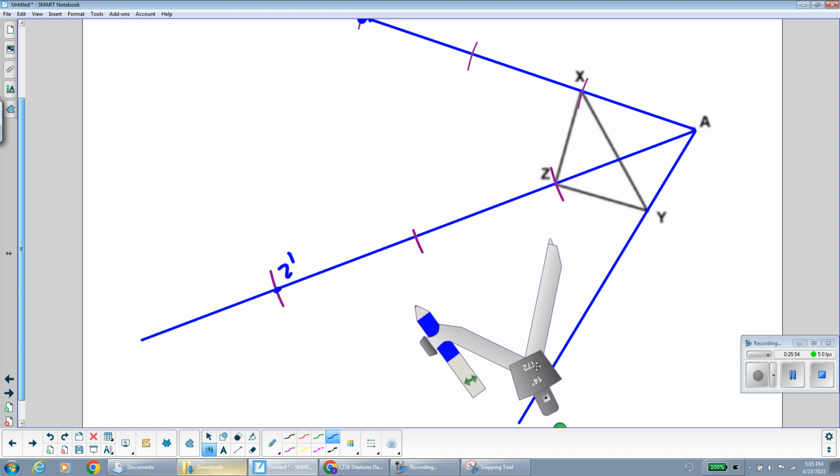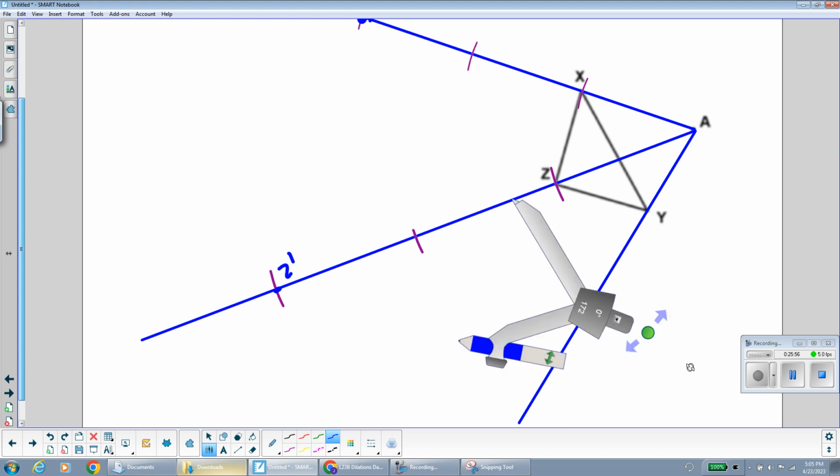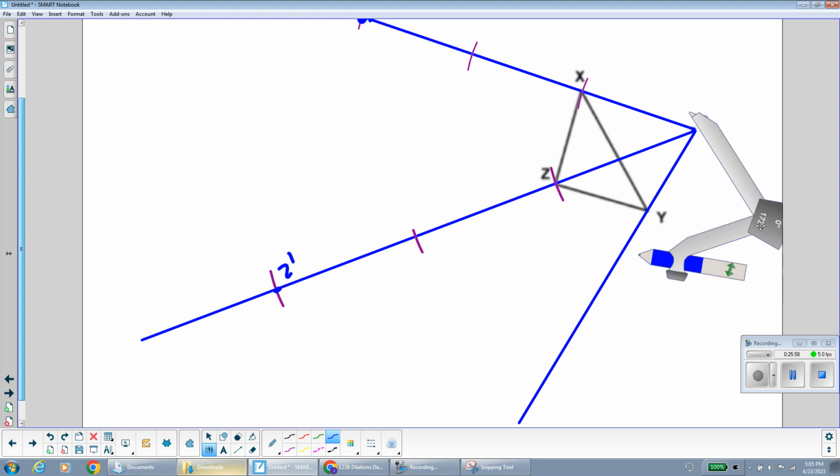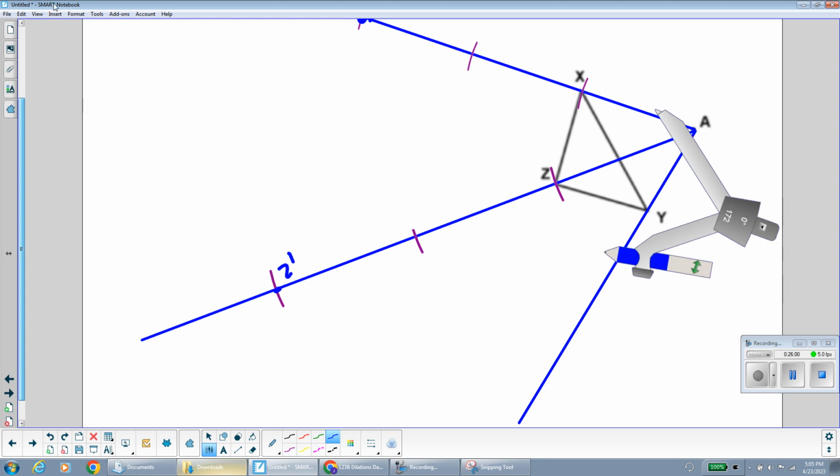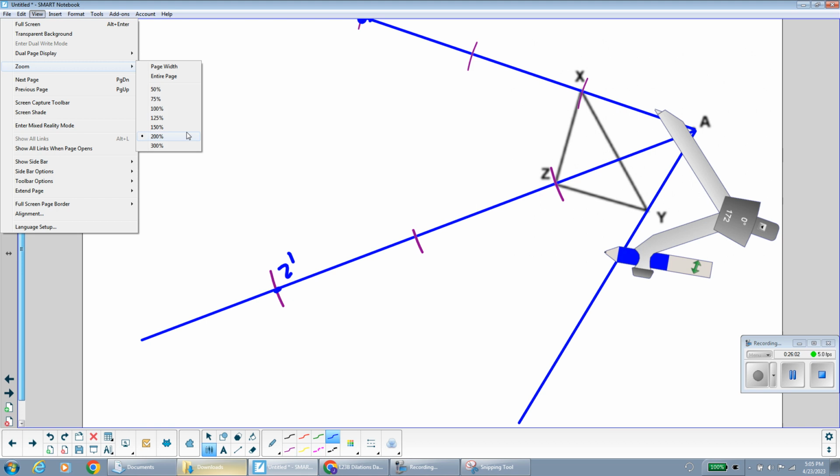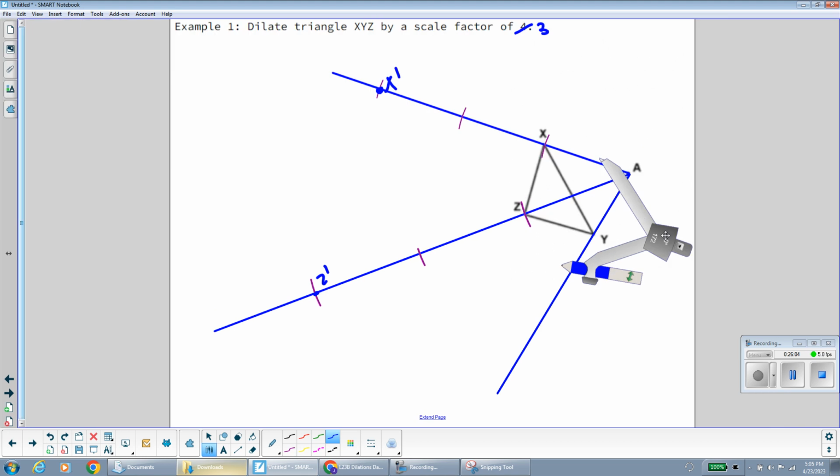One more to go, just the point Y prime to go. So let me zoom out my page so I can see everything at one time. Much, much, much better. There we go.